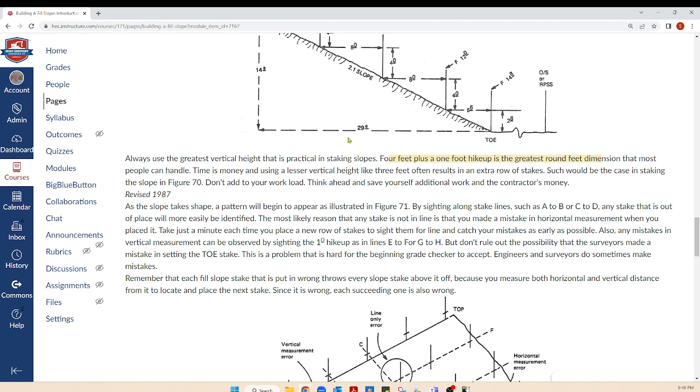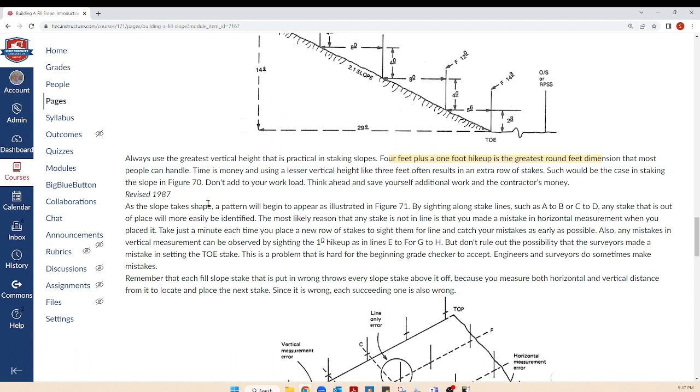Such would be the case in staking the slope in figure 70. Don't add to your workload. Think ahead and save yourself additional work.